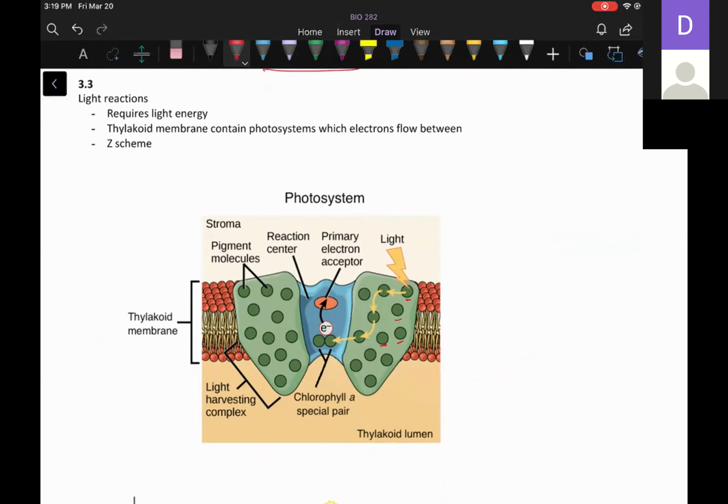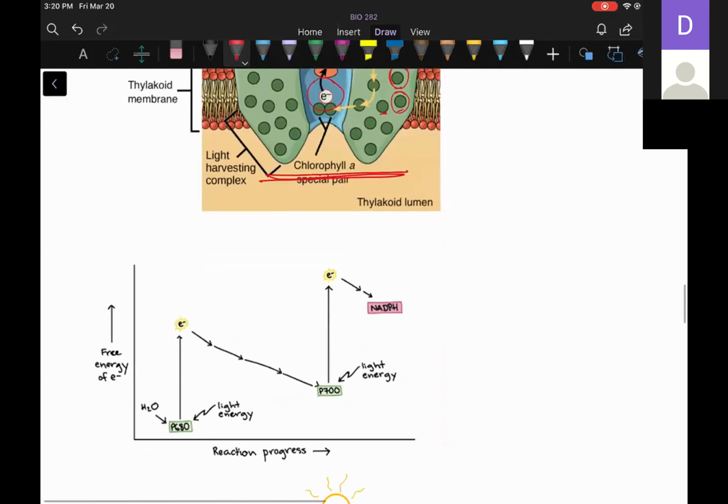Photosystems are basically complexes that take in the light energy with a pigment known as chlorophyll, which are these smaller green pigments right here. That light energy will ultimately excite an electron. Once that electron is excited, it will follow a pattern known as a Z-scheme, which flows between photosystem 2 and photosystem 1. We'll look at that in more detail right here.